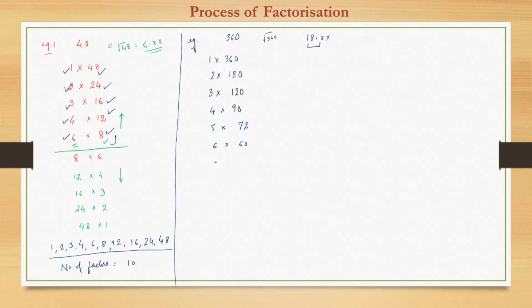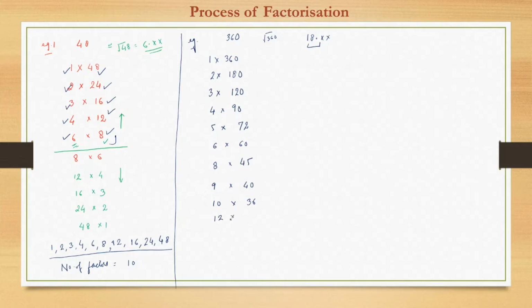Can 7 divide 360? No. Can 8 divide 360? Yes. 8 into 45 is 360. Can we divide 360 by 9? Yes. Can we divide by 10? Yes. 10 into 36. Then by 11 it's not divisible.